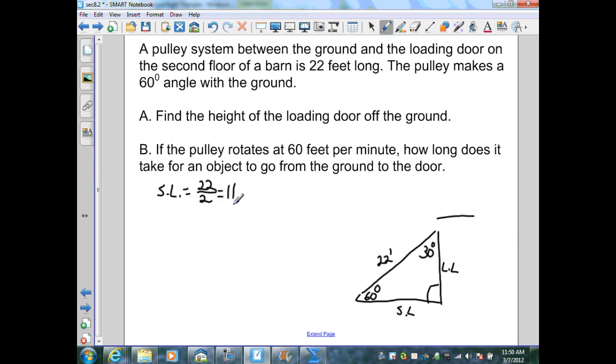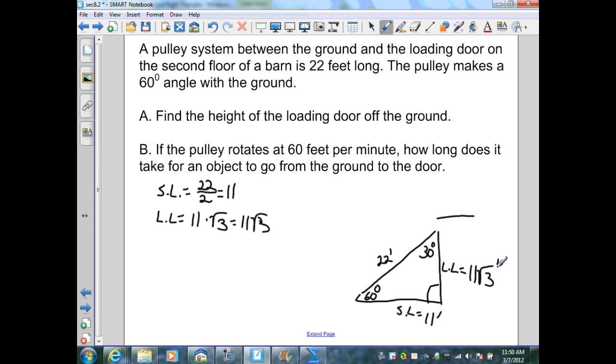Therefore, my short leg is 11 feet. My long leg, which is going to be the height of the door off the ground, is going to be my short leg times the square root of 3, which is 11 square roots of 3 for the height of the door. 11 square roots of 3 feet.